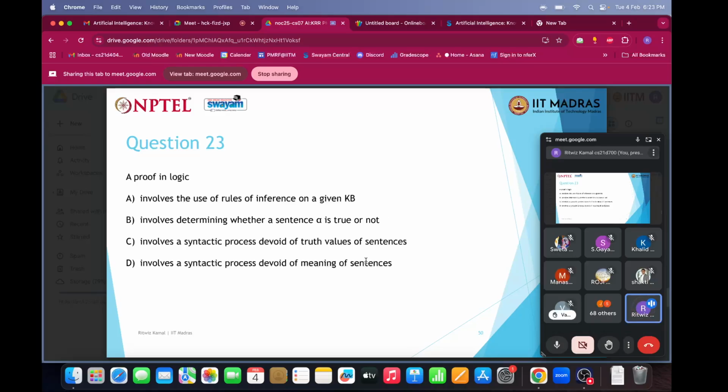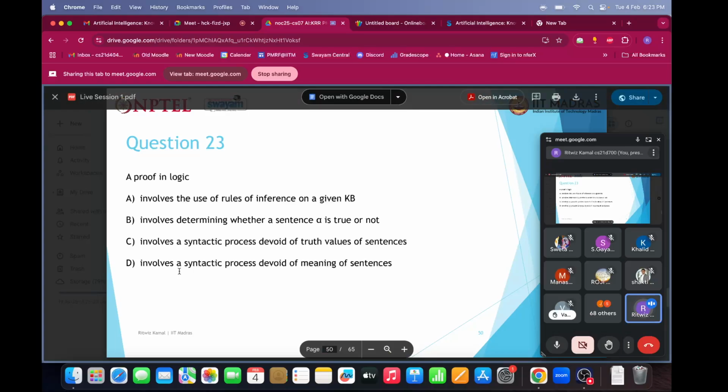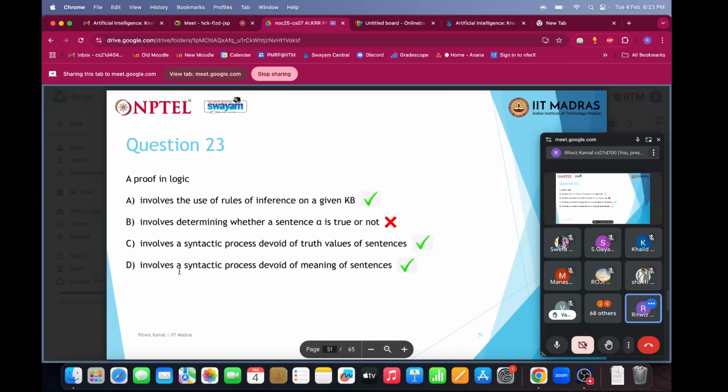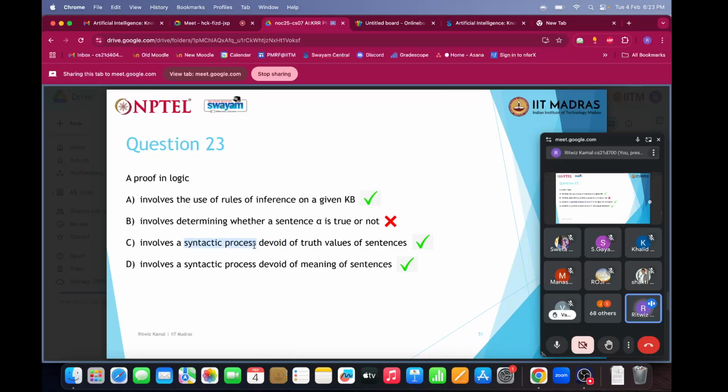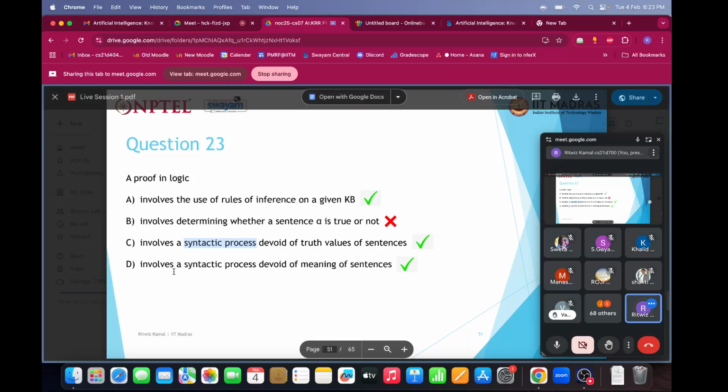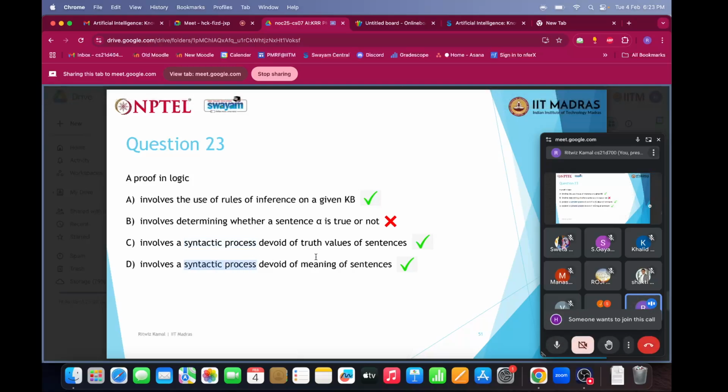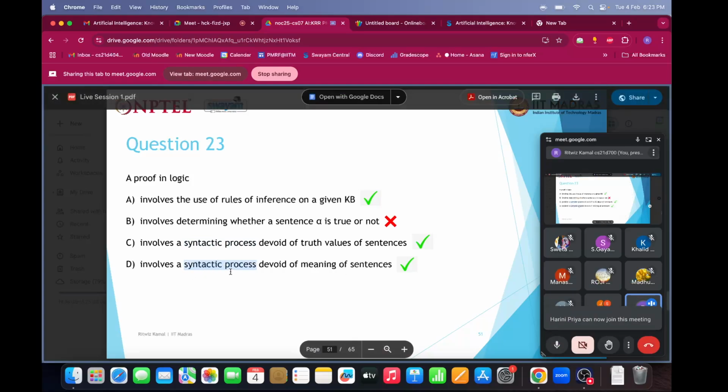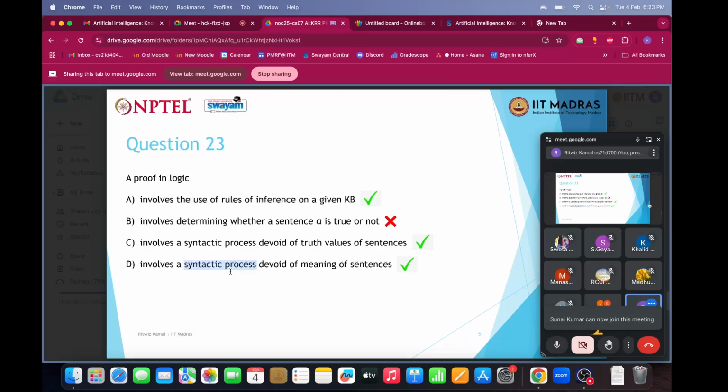Okay, and option C and D would be correct, because proof is a syntactic process, right? So it has nothing to do with the meaning of the sentence. It is a mechanized process devoid of the truth value of sentences. It involves a syntactic process devoid of the meaning of sentences. If it had involved meaning, we would have said that it is a syntactic and a semantic process, right?